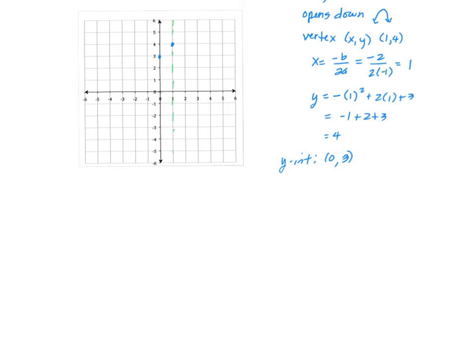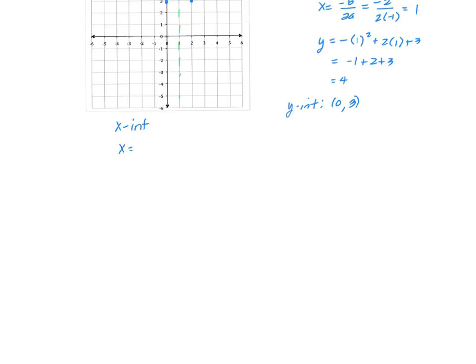And since I have that y-intercept point 1 unit away to the left of my axis of symmetry, I'm going to have another point the same distance away to the right of my axis of symmetry. Those points are kind of close together, so again, I'm going to find the x-intercepts to get a better idea of how wide this is.